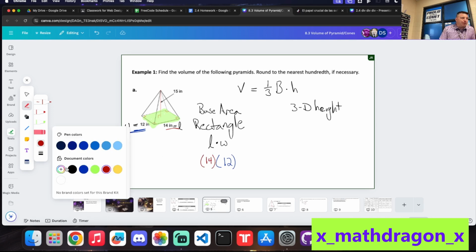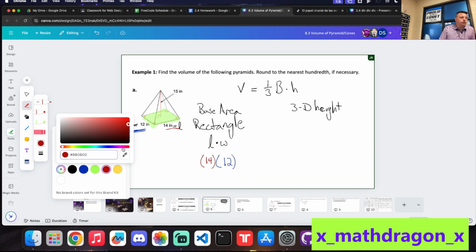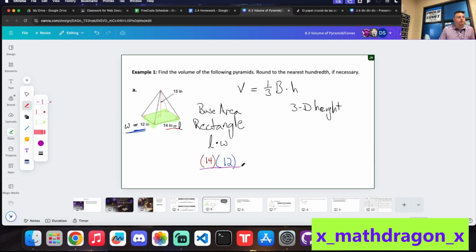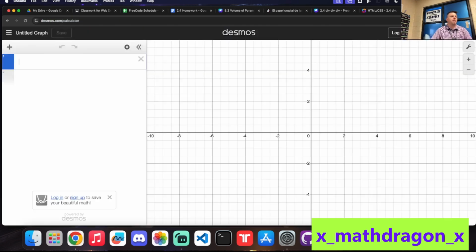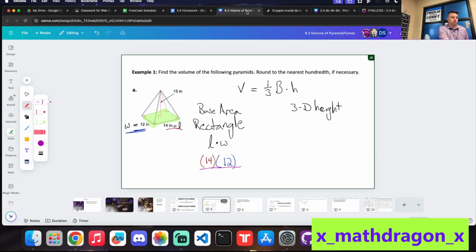So that our base area is going to be 14 times 12, which I don't know what that is. 12 times 14, 168. So 168 is our base area. So this becomes 168 now.